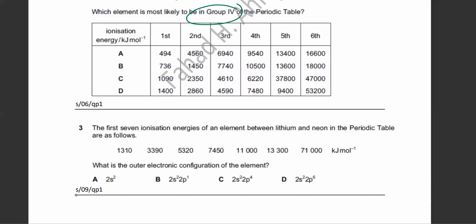B? C. C is group 4. The first 4 electrons are easy to remove, and all of a sudden there's this huge increase in ionization energy. So that's definitely group 4.